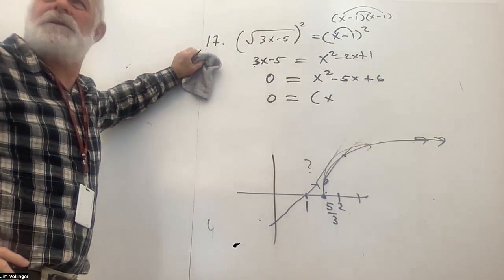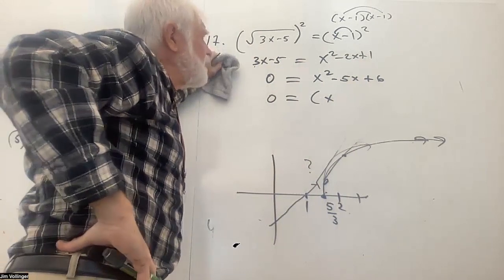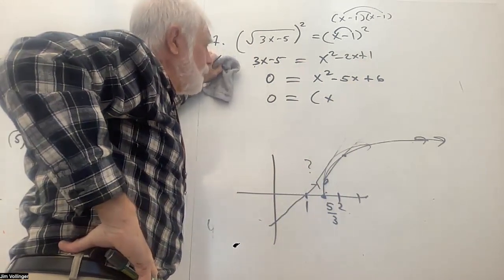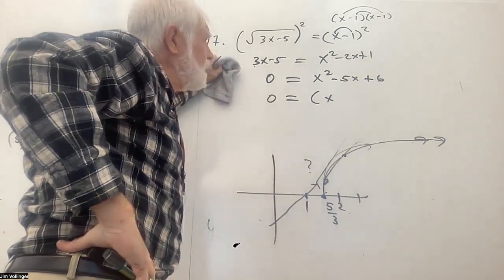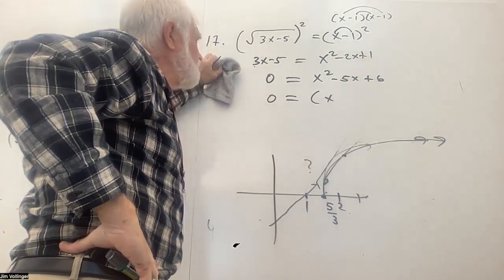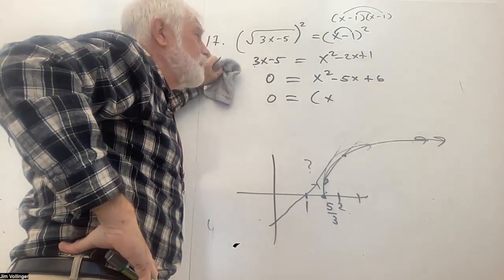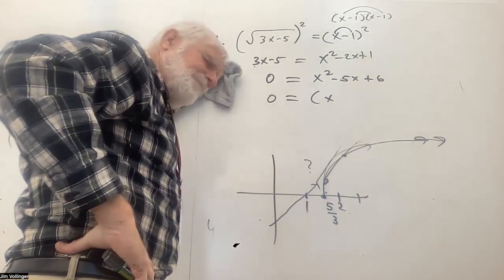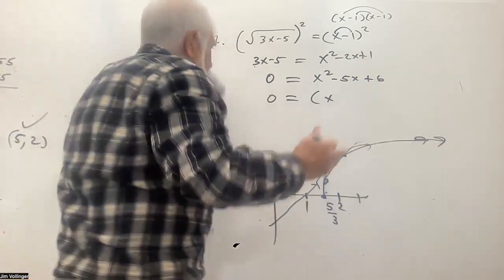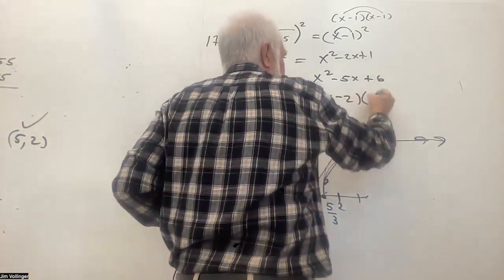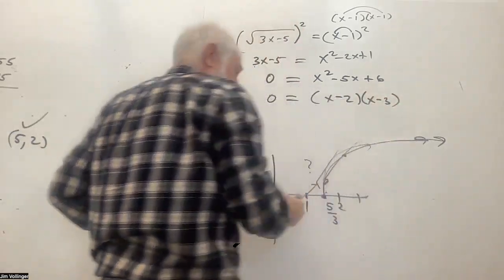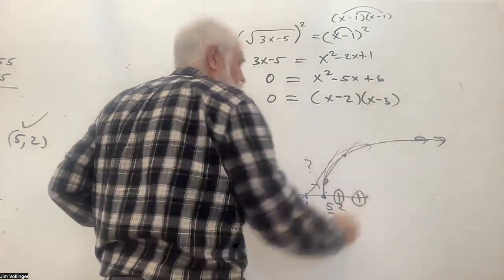I don't want to do that to you. I want these to be friendly answers for you. Did I make a mistake somewhere? Minus 2x plus 1, 3x minus 5. No, that's positive 6. Oh, I'm good. I'm just tired. Sorry. x minus 2, x minus 3, extremely tired here. So one of them was 2 and one of them was 3.